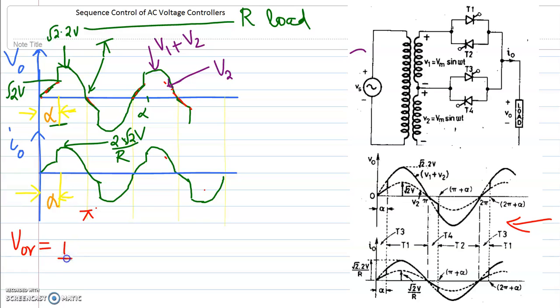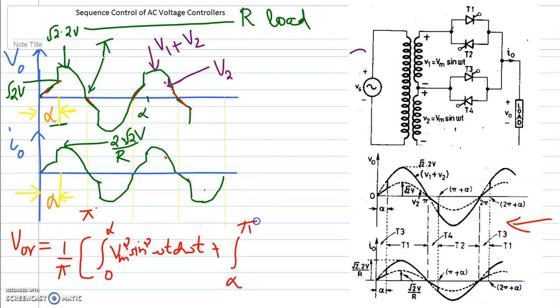So it is 1 by pi, integral from 0 to alpha of Vm squared sin squared omega t d omega t, plus, from alpha to pi, that is this period, 2 Vm sin omega t appearing across the load.